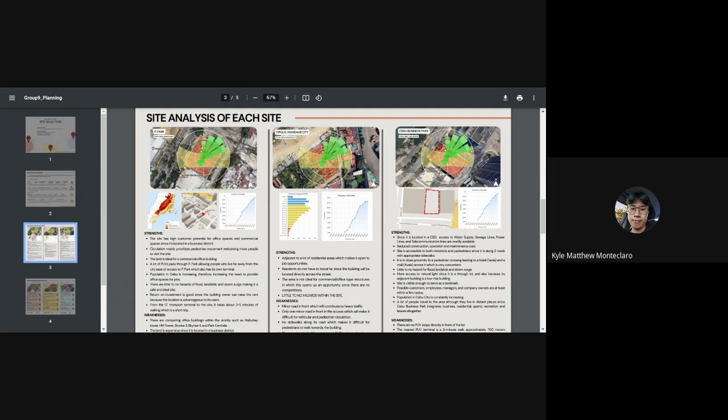We also have wind rose diagrams to check if there are any buildings that obstruct the path of wind flows, and sun paths.